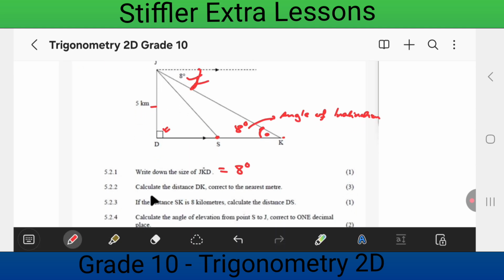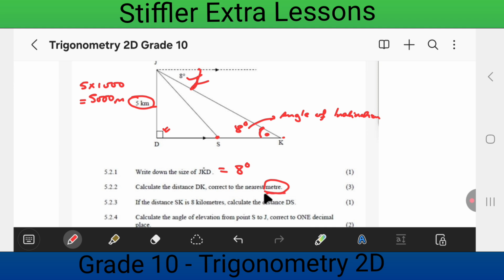Now they said calculate the distance DK, correct to the nearest meter. But here we can see that we are working with kilometers, right? So we can try to change the kilometers into meters. So how do you change kilometers into meters? We multiply that by 1,000. So this gives us 5,000 meters. So always check how they want your answer.